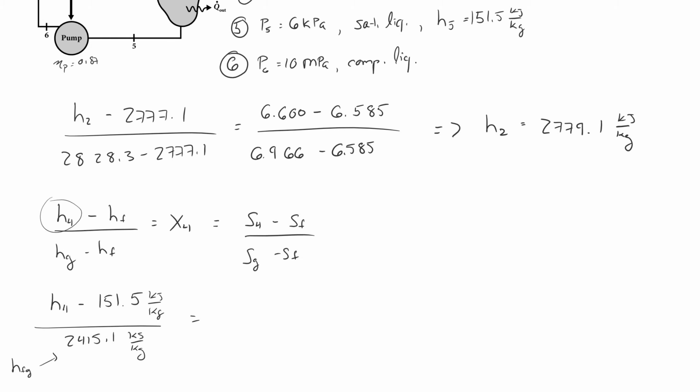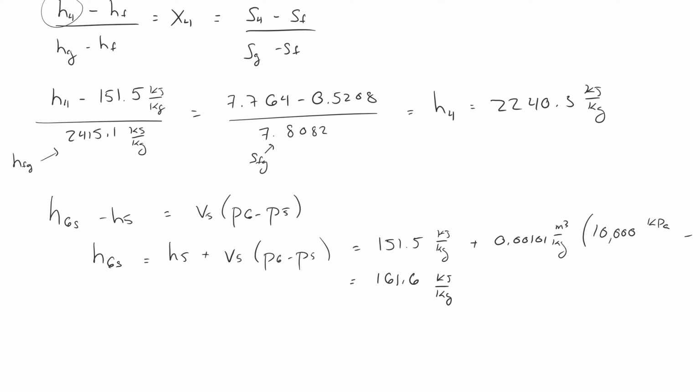And that gives me an enthalpy for H6S of 161.6 kilojoules per kilogram. And now I can apply my equation for the isentropic pump efficiency to find the true H6.